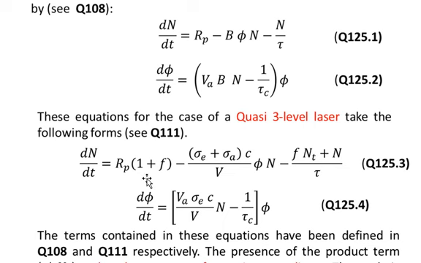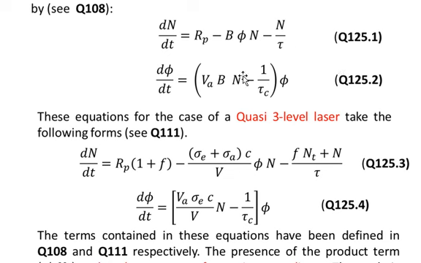That is, dN over dt is equal to Rp times 1 plus f minus sigma e plus sigma a divided by V, the numerator multiplied by c, then multiplied by phi and N, minus f times Nt plus N divided by tau. And d phi over dt is equal to Va sigma e c over capital V times capital N minus 1 over tau c. This whole term in square brackets is multiplied by phi on the right hand side.